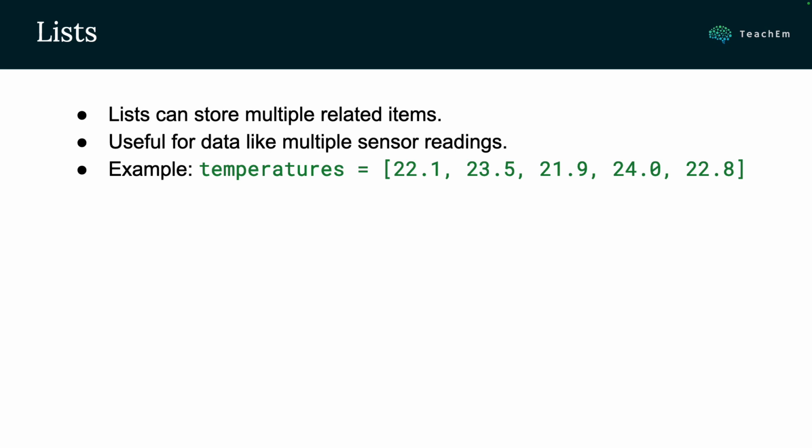You would define a temperature value, and then lists are always defined with square brackets. So you open your square bracket, put your first value in, which in this case is 22.1, comma, next value, comma, etc. Commas always denote the separation of values in a list. Then at the end, you close your square brackets.